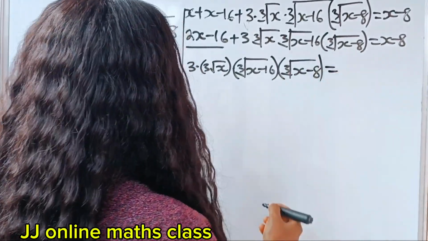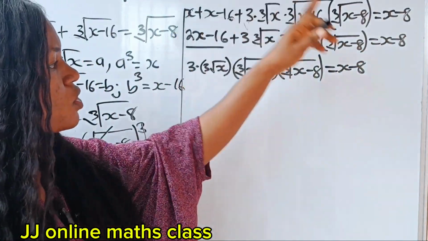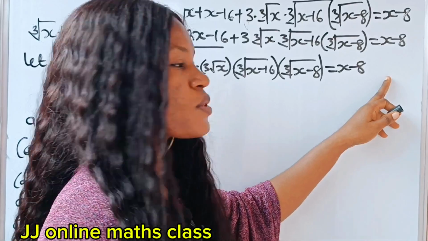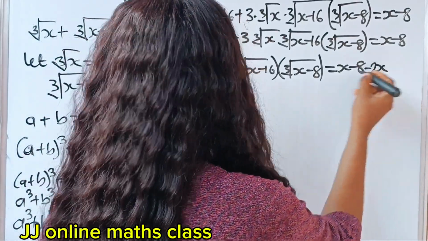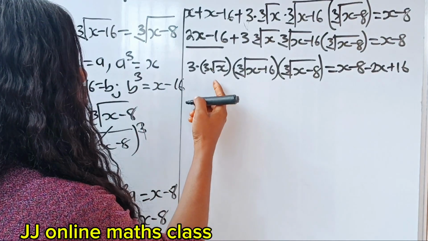Okay, now it's going to be equal to x minus 8. Now 2x will cross the equation to become minus 2x. Minus 16 will cross to become plus 16. So what do we have?